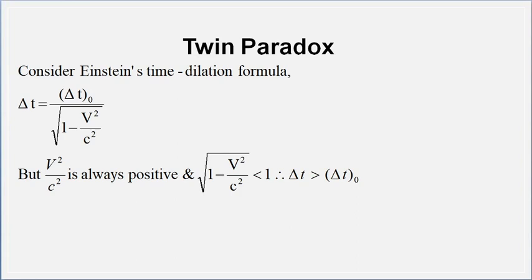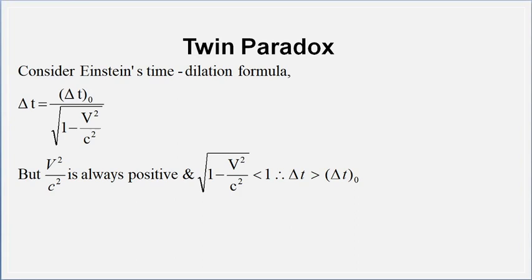But what happens is the result is contradictory. Then it is called a paradox. So you are arguing correctly, but it gives a result contrary to your concept. Then it is called a paradox.